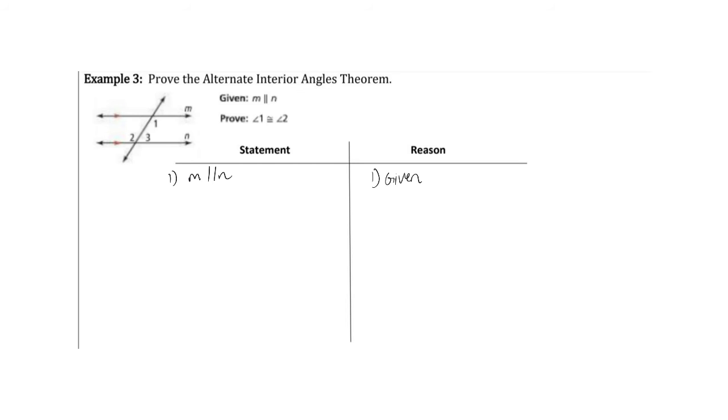Okay, so we can state a couple of things. We could say angle 1 and angle 3 are same side interior, because we know same side interior is same side inside the two parallel lines. So this is just the definition of same side interior angles.